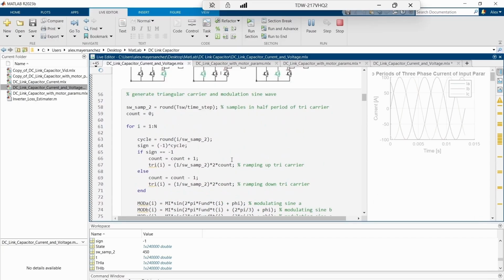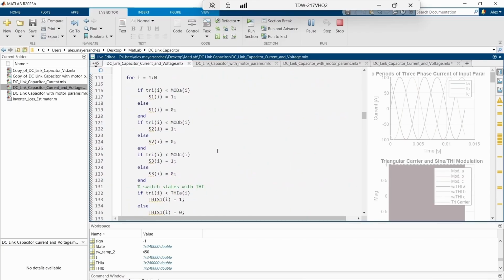Once those are at the same peak magnitude, you'll be able to see that the 0 vector state happens less frequently. And we'll be able to see that in the vector state plot once it loads.